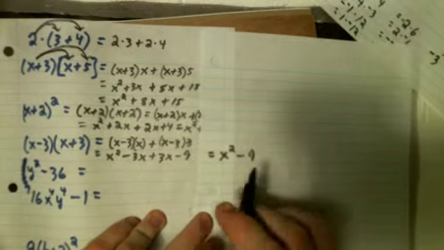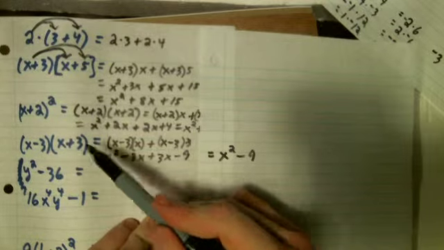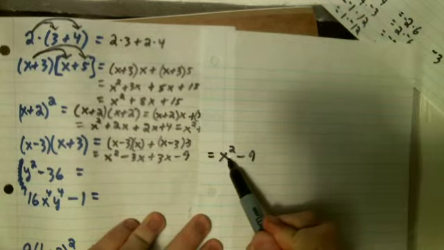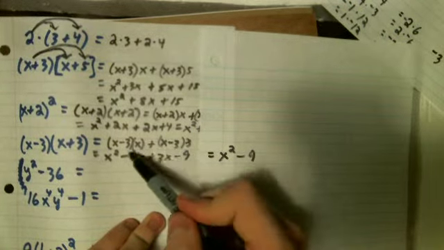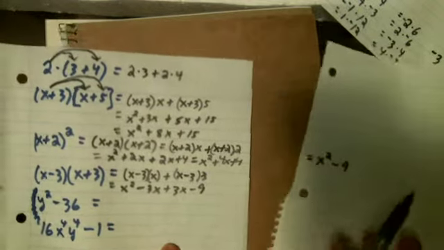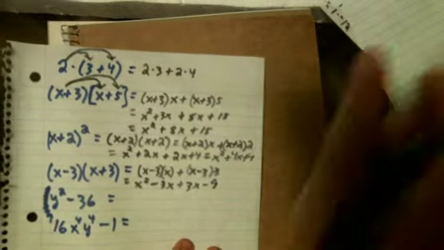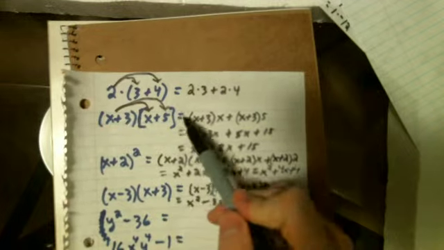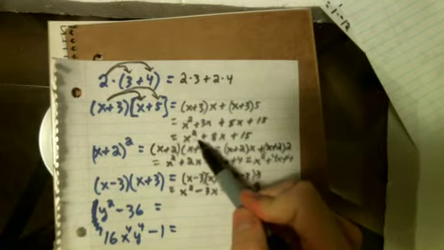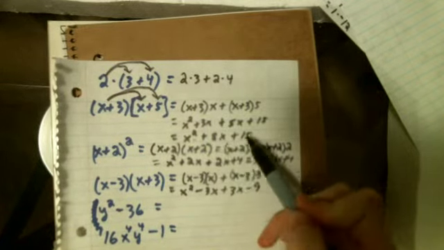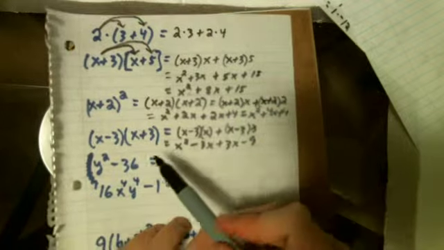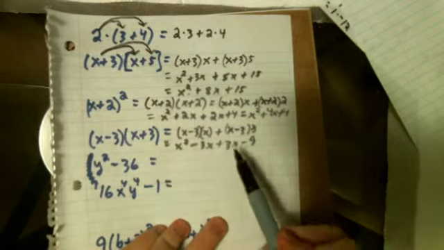So something interesting happened. When we multiplied (x minus 3) times (x plus 3), we ended up with x squared minus 9. We didn't get a middle term in here. When we multiplied, say, (x plus 3) times (x plus 5), we ended up with x squared plus 8x plus 15. So the interesting thing here is that our middle term disappeared.